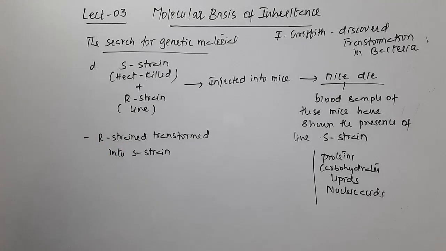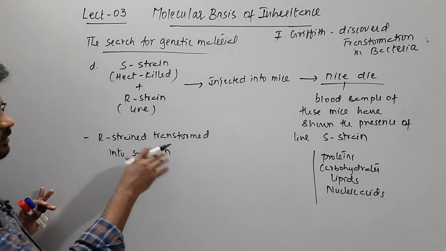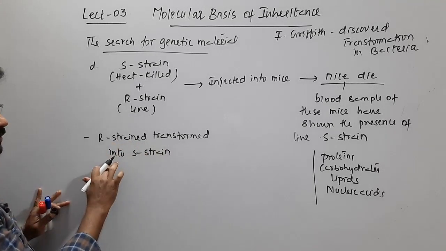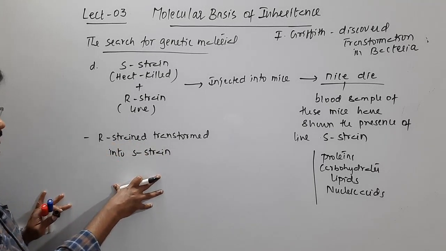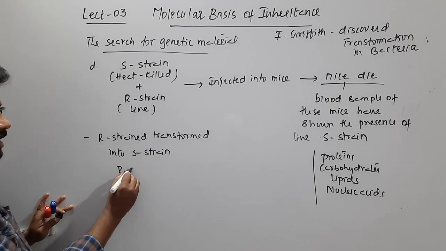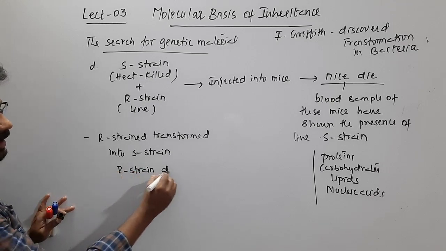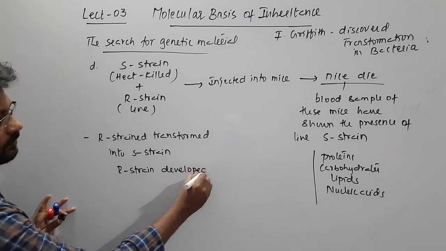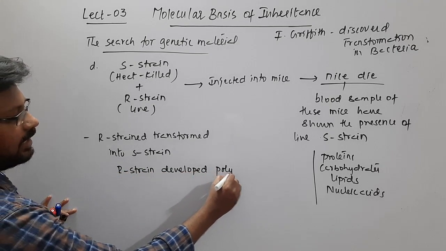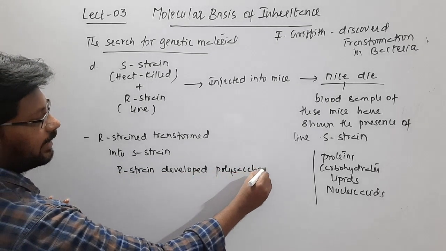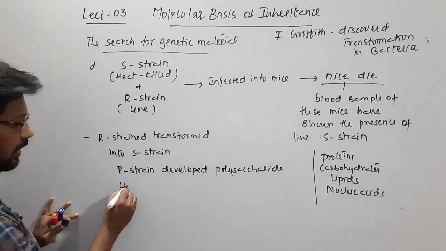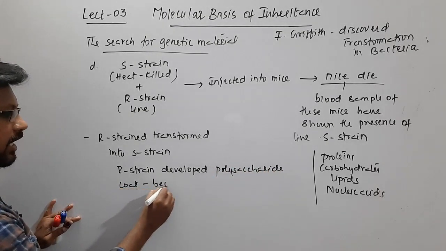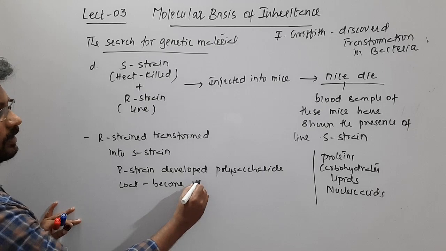That he could not explain here. So the R strain transformed into S strain. So that is what the R strain developed, a polysaccharide coat, that is mucus coat, and it became S strain.